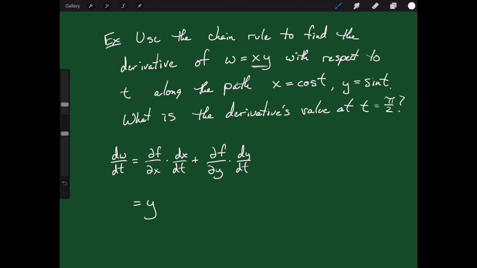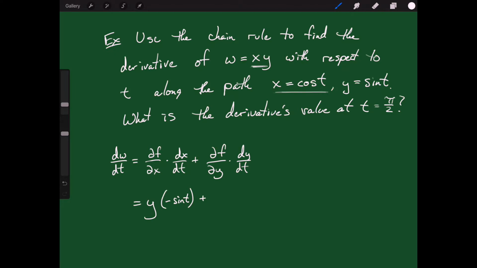And then what's the derivative of x with respect to t? Well, here's x in terms of t, and the derivative of cosine of t with respect to t is negative sine of t. And I realize that I have y's and t's showing up in the same place, which isn't so great, but I'll fix that problem in just a second.